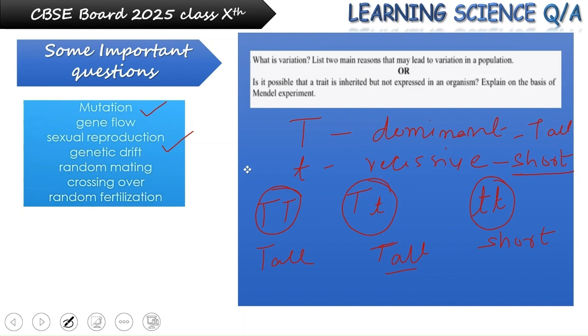And this is a case when the trait is inherited. That means the trait governed by the small t, which is the short height trait, is inherited, but the plant or any individual will not show it just because it is present in a single copy.